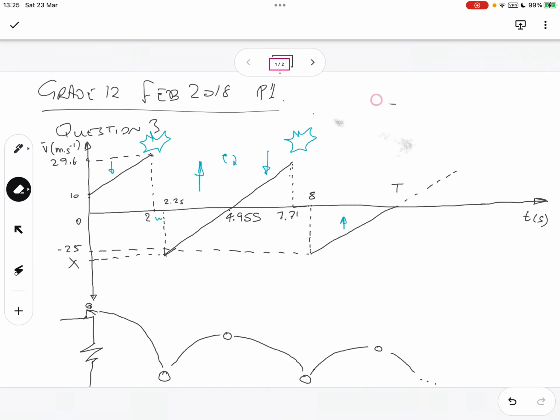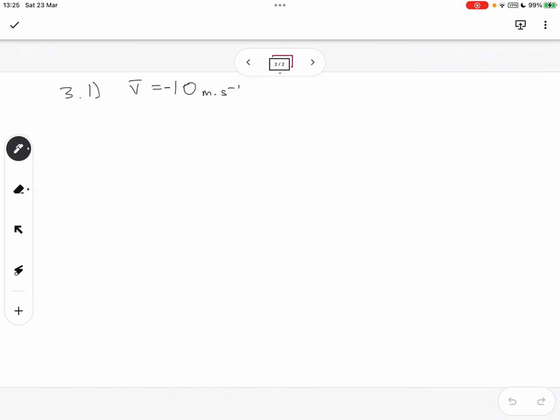It shows that as the ball drops, we regard the motion as positive. So as the ball drops, down is positive, right? If up was positive, then we would have negative values for velocity for motion going down. That's correct.